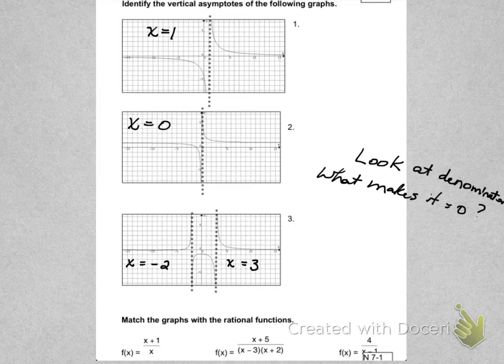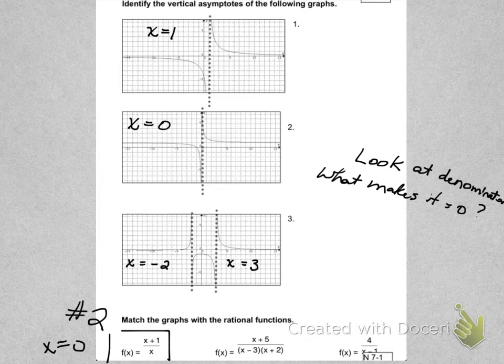So we'll go back to this equation here. There's just an x in the denominator, so when x equals 0, that denominator will be 0. The graph that matches that then is graph number 2, because it has the vertical asymptote at x equals 0.